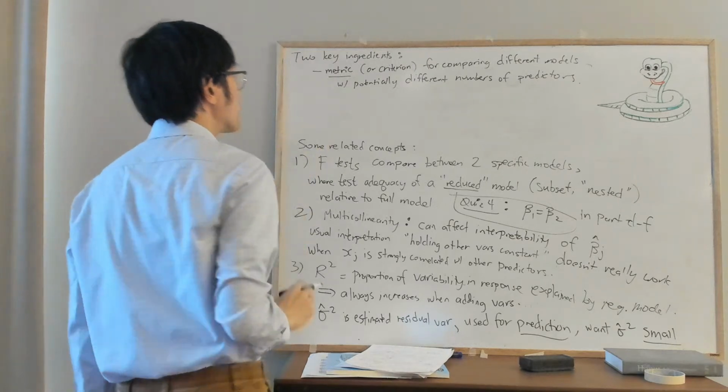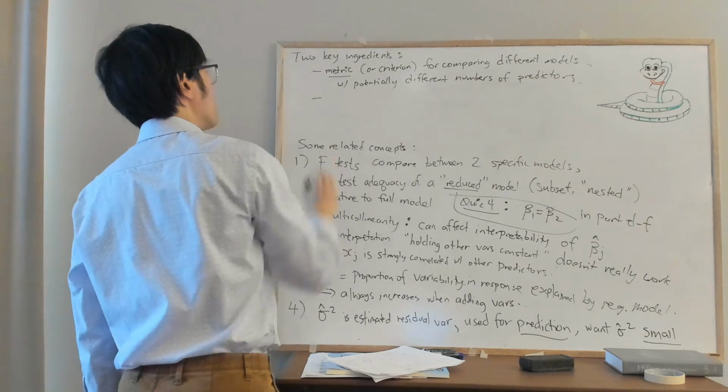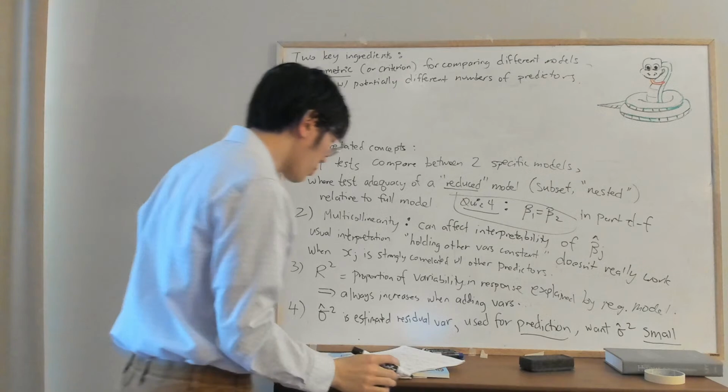So that's the first thing. We need to be able to calculate that, and we can choose a model based on the value of the criterion.